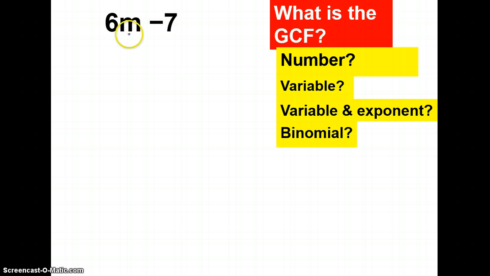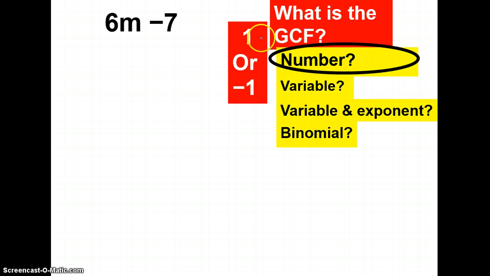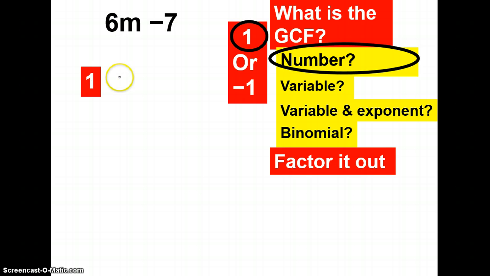Now this one might seem like, well, there's no letter that they have in common. I don't really see a multiple that they have in common, but they do have a GCF, believe it or not. It is a number, 1 or negative 1. Well, this has a negative and that doesn't, so let's try just 1. Factor it out, 1.